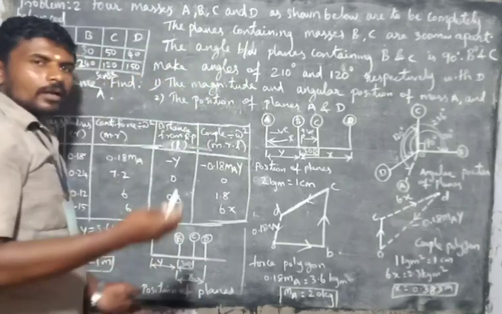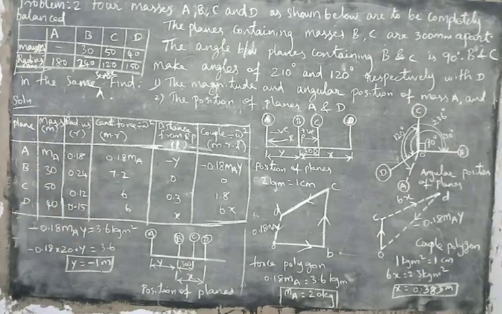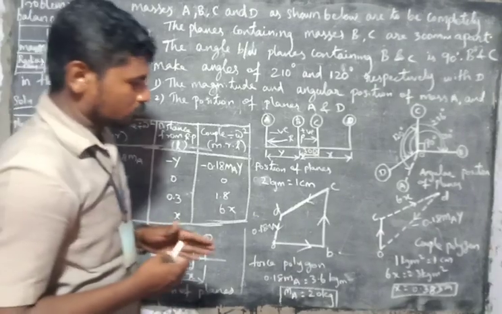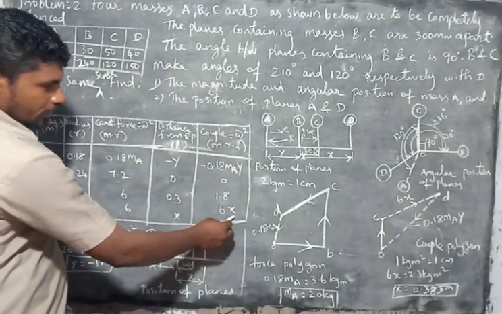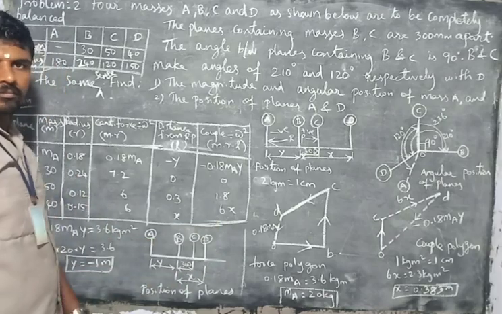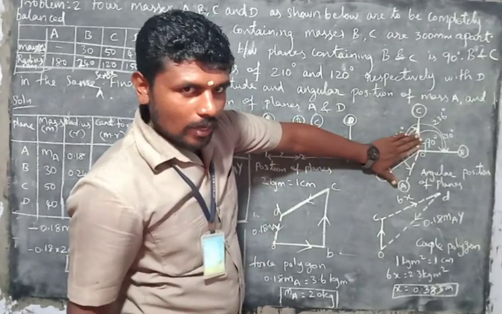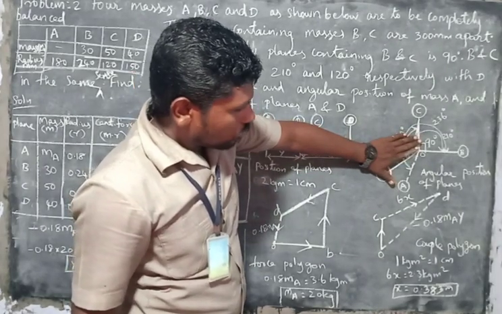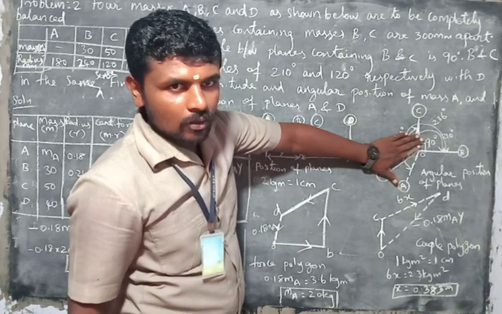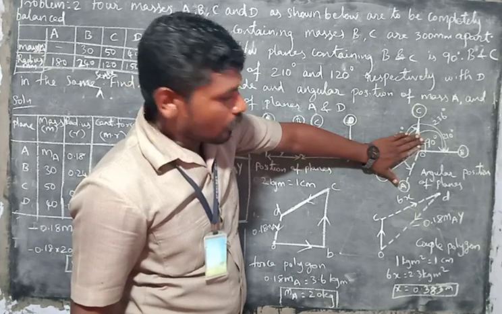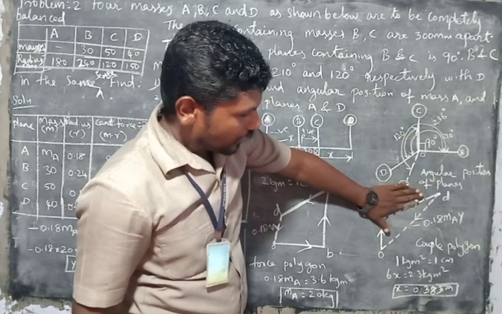And here we need to draw a projection line, from C to D, 6x. Already we know the angular position value, that is the angle value. So we can draw a parallel dotted line to the D plane from the C point.